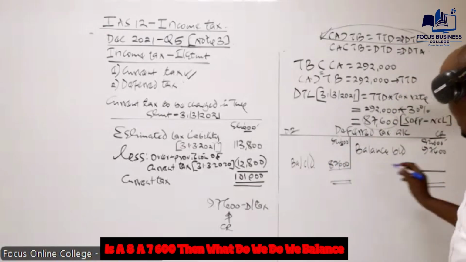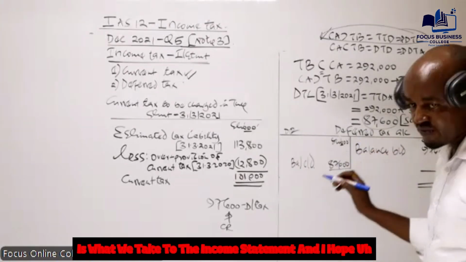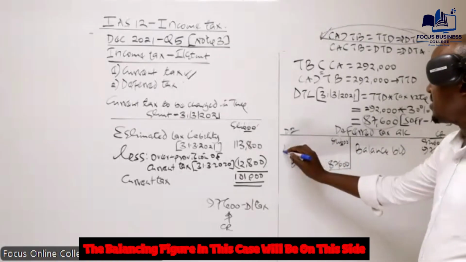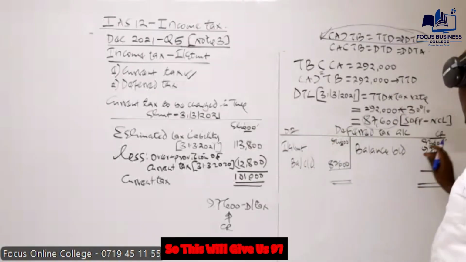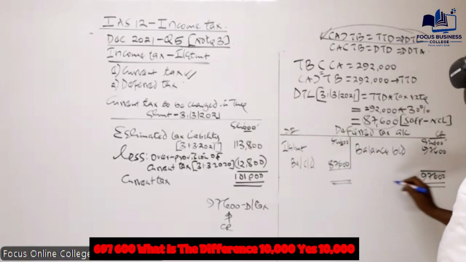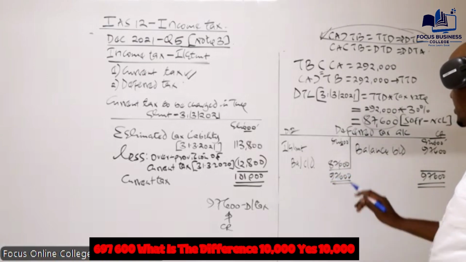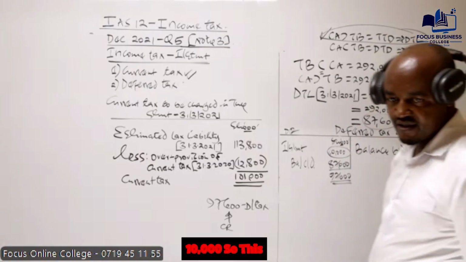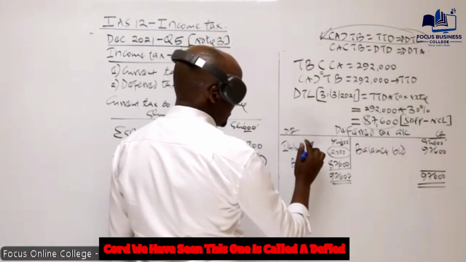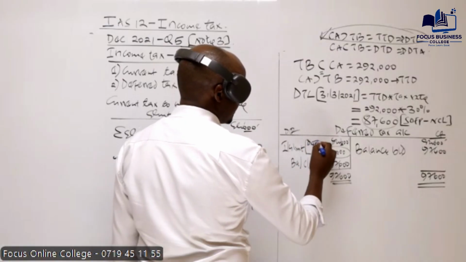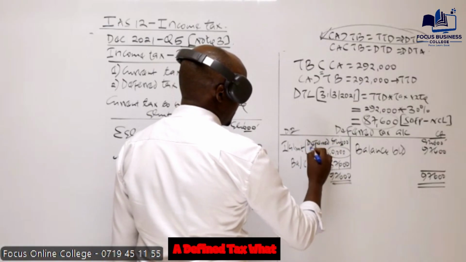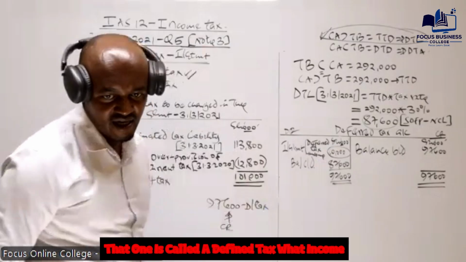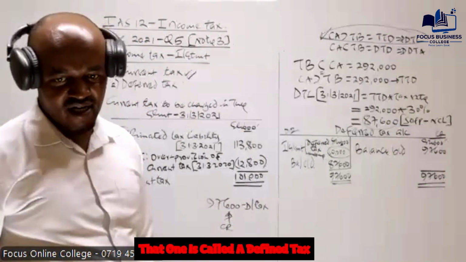Then we balance our account. The balancing figure is what we take to the income statement, and the balancing figure in this case will be on this side. This gives us 97,600. What is the difference? 10,000? Yes, 10,000. This balancing figure, which is on this side, is called a deferred tax income.